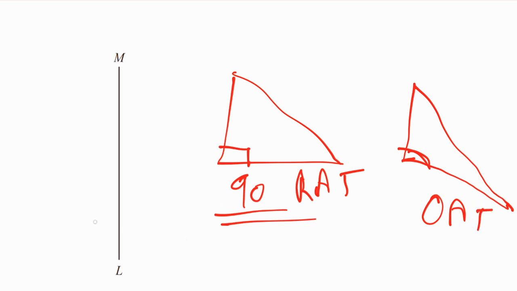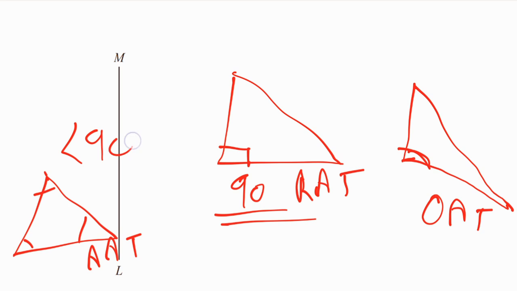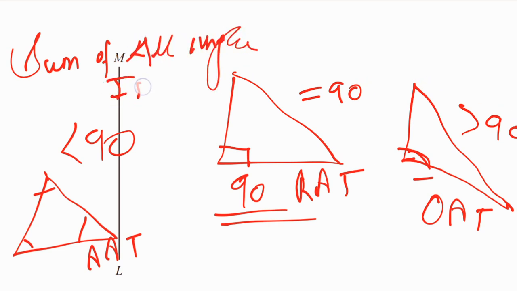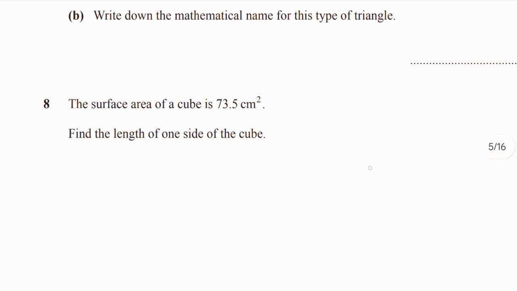An acute angle triangle means all angles are less than 90 degrees, called AAT. So we get less than 90, equal to 90, and one angle greater than 90. And always remember, the sum of all angles in a triangle is always 180 degrees. So always use this property. Now question done, move to the next question.